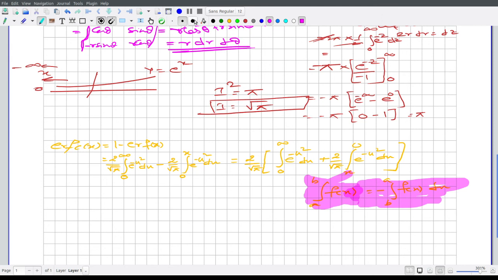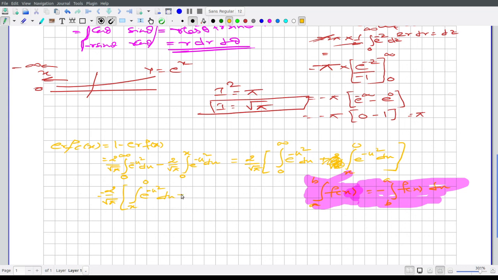After that, the same expression can be written as 2 by root pi. Now we are writing from x to 0 e to the power minus u square du, there is no need to write 2 by root pi again, already we have taken it common.